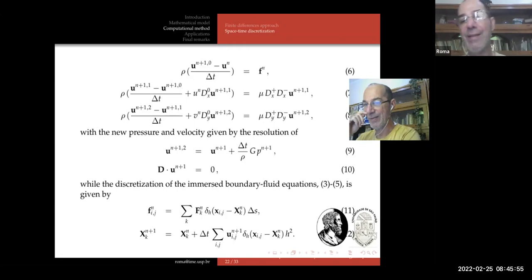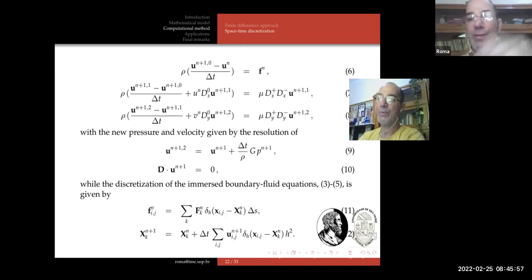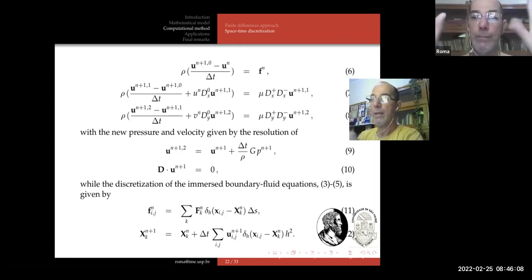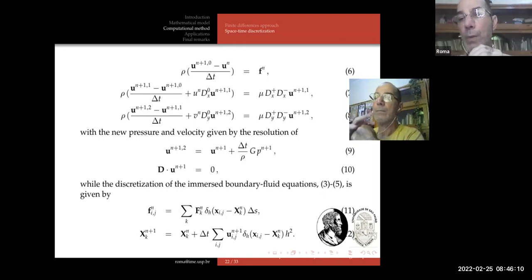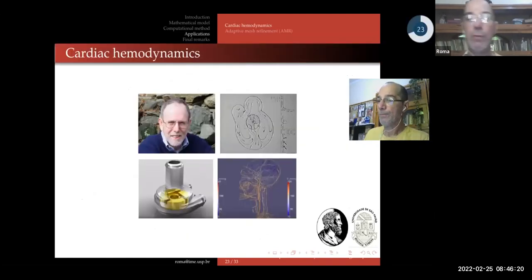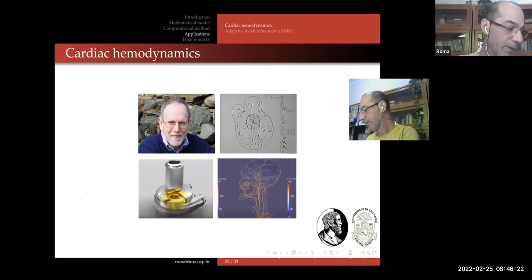It's simple relative to the other ones, but if you see that for the first time, I think it's pretty complex, right? So this is how you do it, and you make the computer solve these equations to get approximations of the velocity, of the forces, and the locations of the immersed boundary, okay?